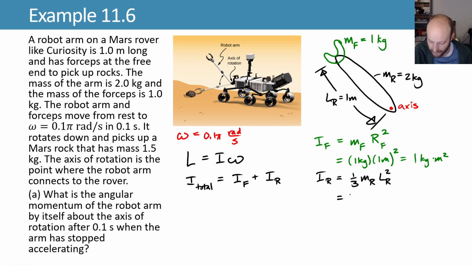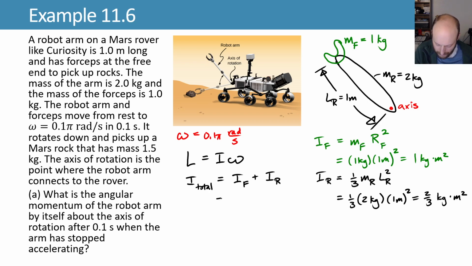We'll plug in our values for this. We have a mass of 2 kilograms, a length of 1 meter, which leaves us with 2/3 of a kilogram meter squared of inertia coming from our robot arm itself.